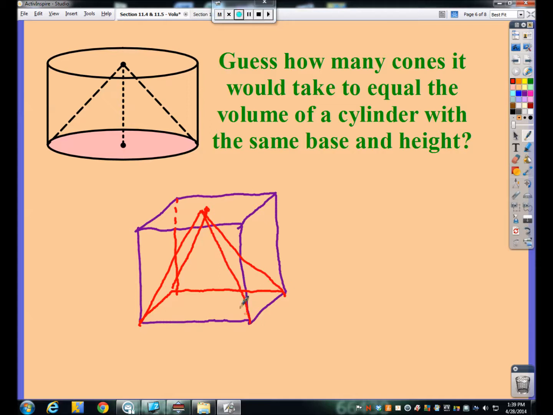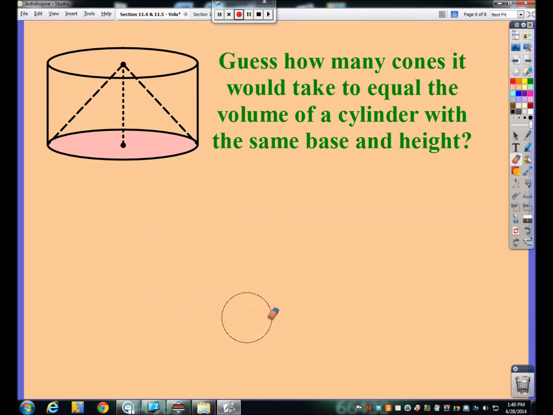And we wanted to figure out what fractional piece of the entire rectangular prism the volume of the pyramid is. I showed you guys that it took 3 pyramids to equal the entire rectangular prism.